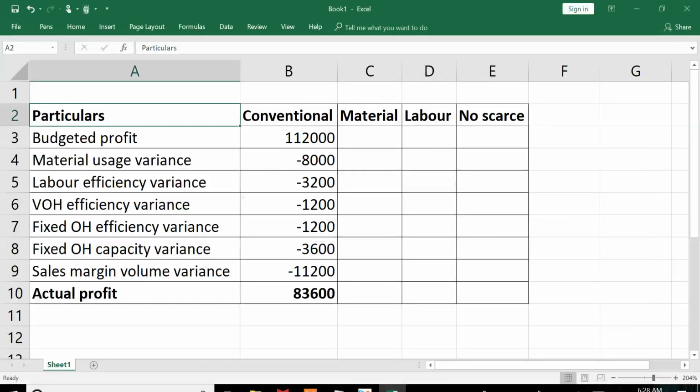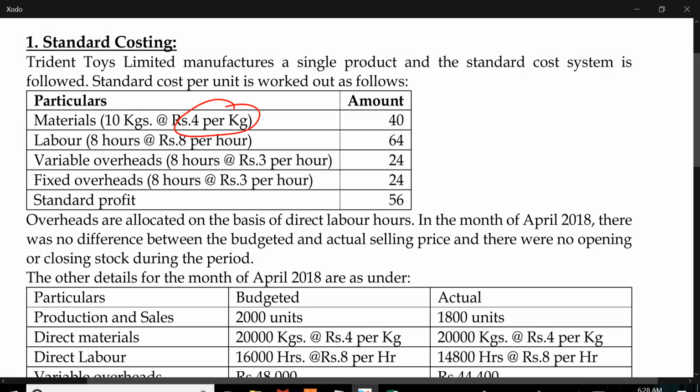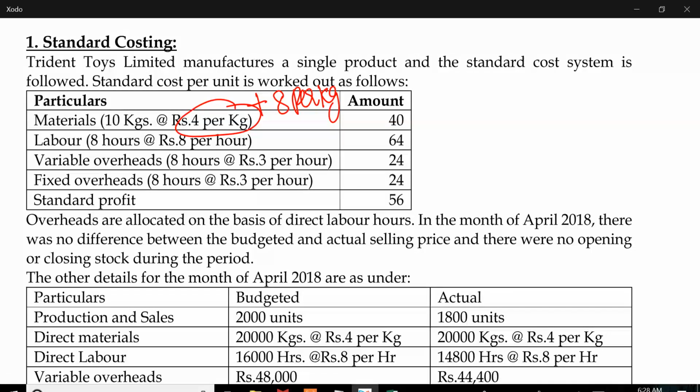Okay. Now, listen. How many kgs of material we have wasted? 2000. Now, each kg of material is going to be 4 rupees worth, and on top of that 4 rupees, another 8 needs to be added. This 8 is an opportunity cost because it's a limiting factor.